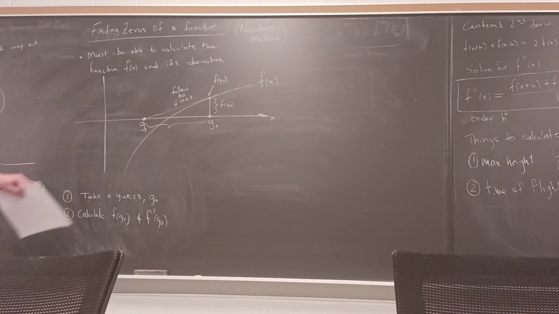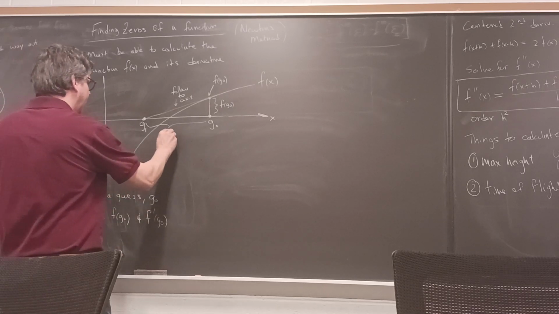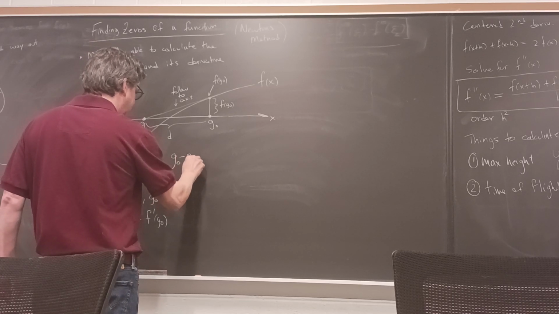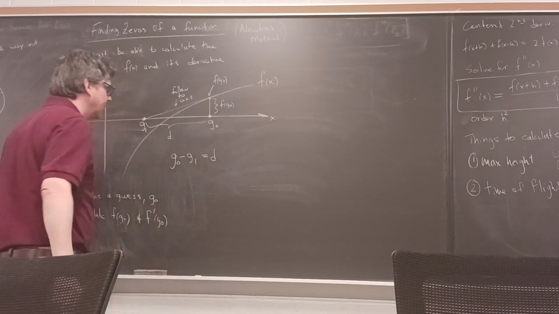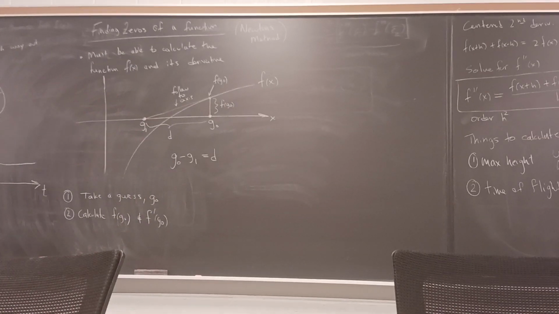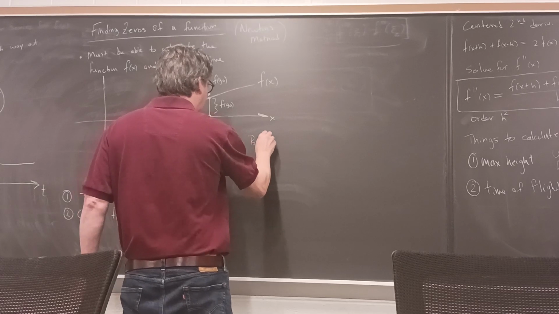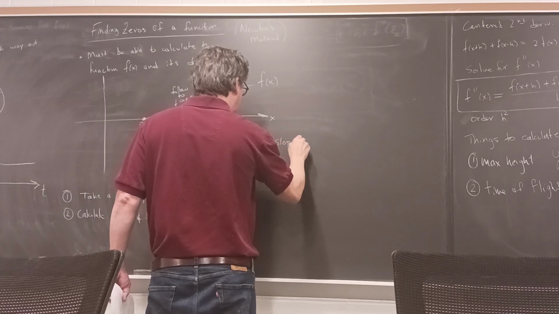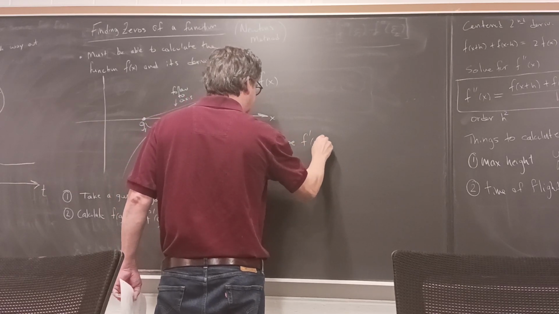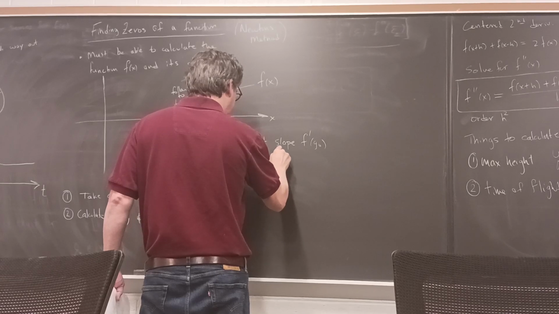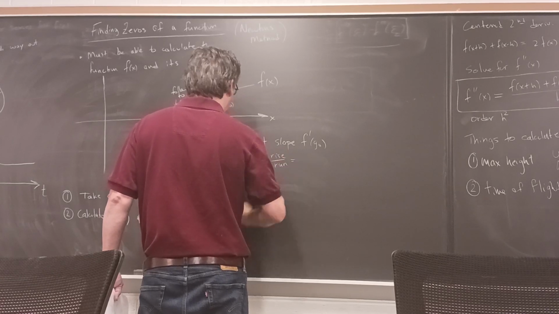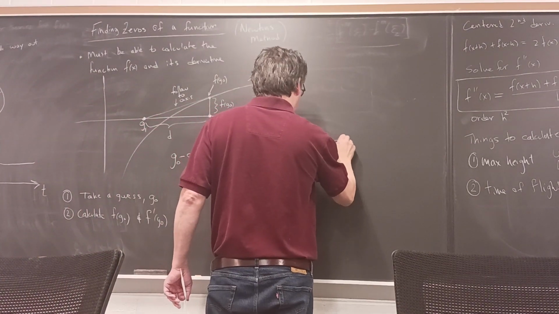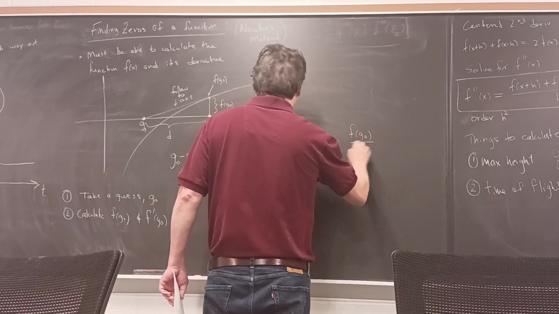There's a distance d here between them. So we have that G0 minus G1 is equal to d. But we also know that the slope, f prime at G0, is the rise over the run, but that rise is f of G0 and the run is just d.